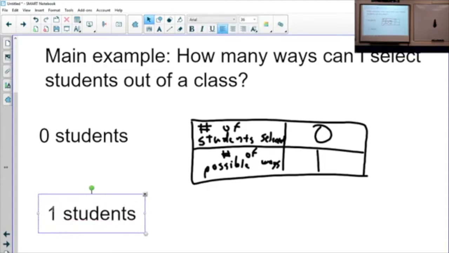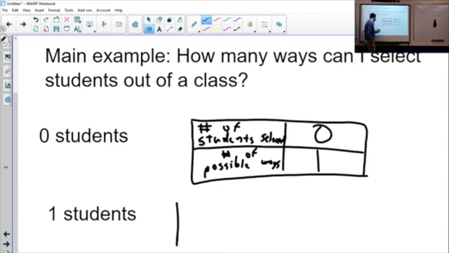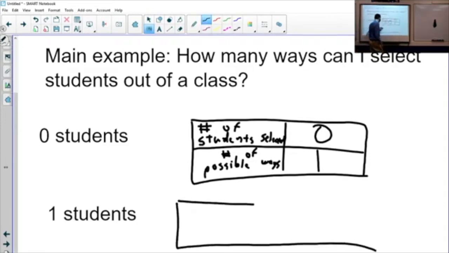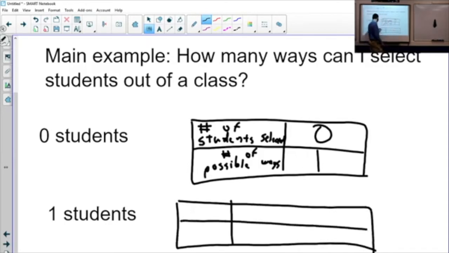One student wants to be my student. So this table is going to look the same as it looked before. So we have number of students, and then the number of ways that I could select. Okay?